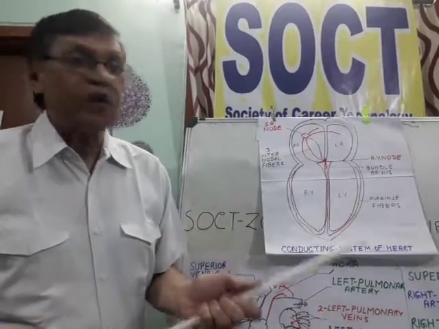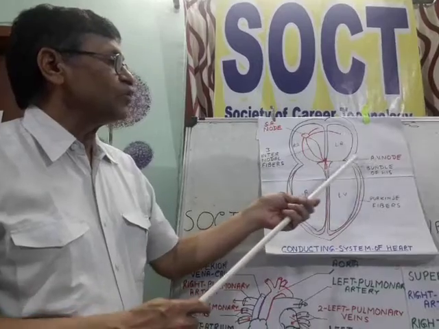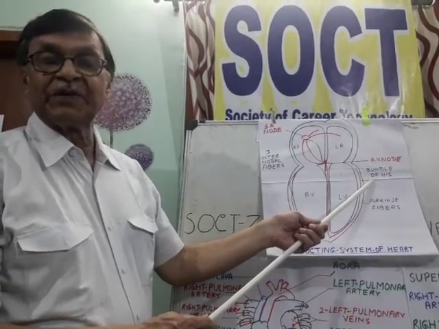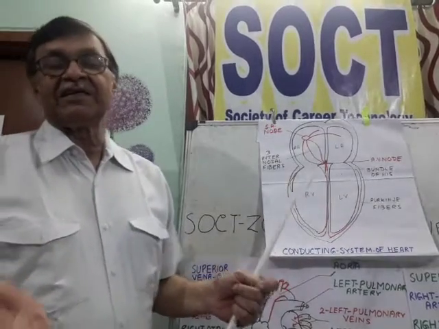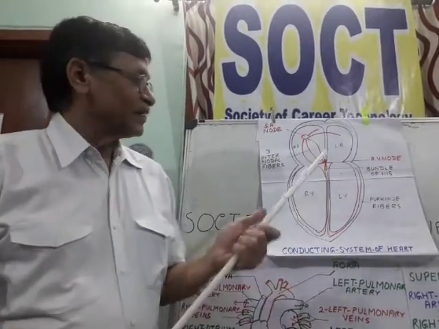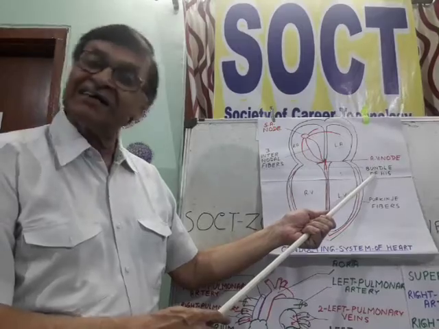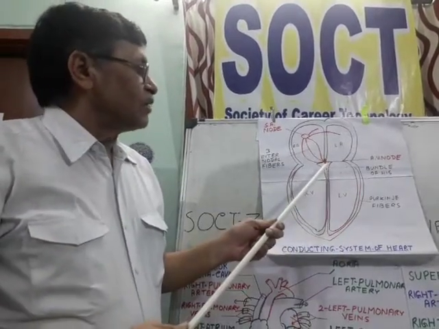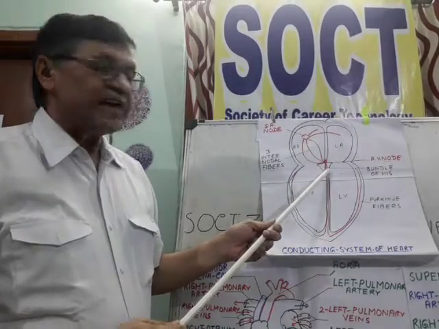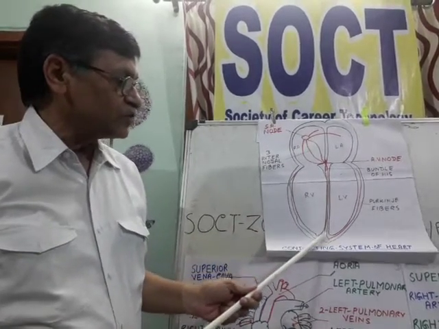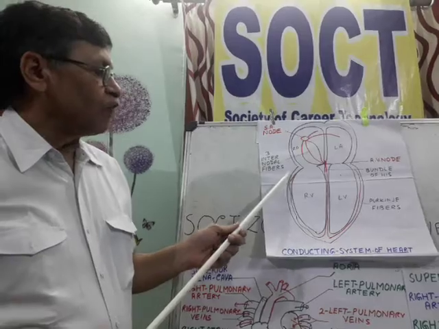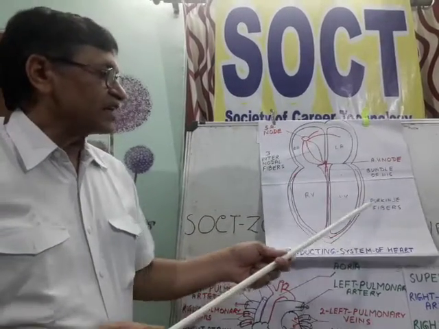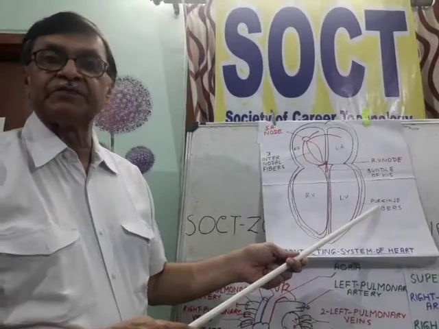And immediately after that, what happens? The AV node sends a bundle of nerve fibers, called the bundle of His. This bundle of His again sends branches to the walls of both ventricles, which are called Purkinje fibers.